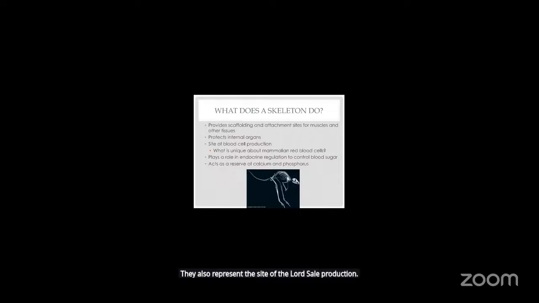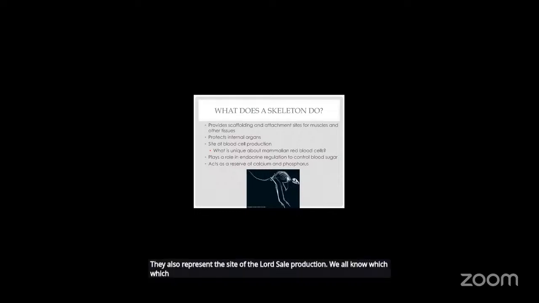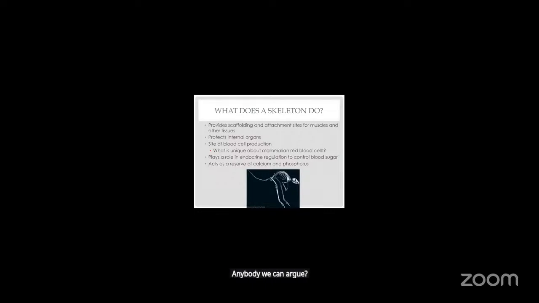We all know which bone of the body is responsible for red blood cell production. Anybody? Bone marrow. And what's unique about the mammalian red blood cell? There's something unique about it. What do you think that is? Transport of oxygen? It contains hemoglobin? The transport of oxygen is not peculiar to mammals.